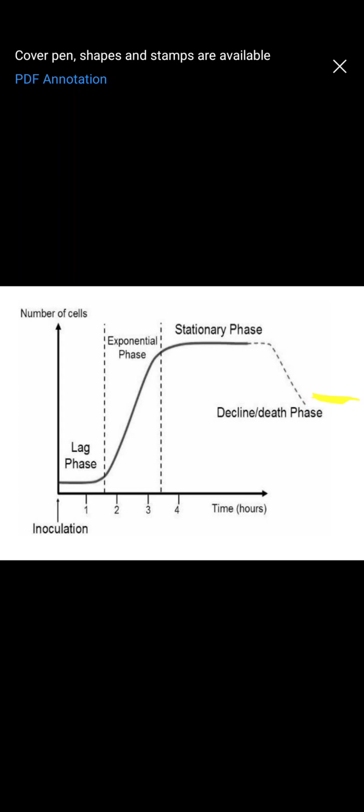So they will not multiply in this phase, but the number remains constant. This phase which is horizontal like this is called the phase of survival. So there is a last phase which is called the phase of survival.